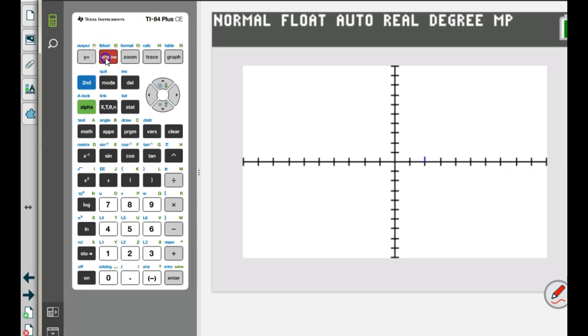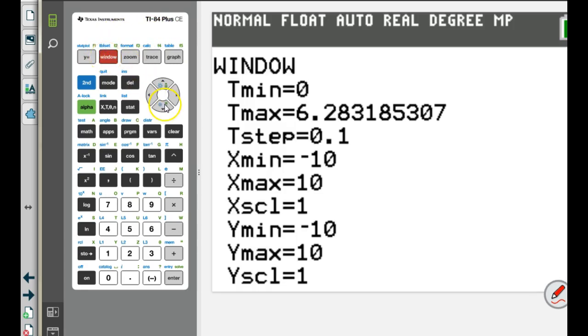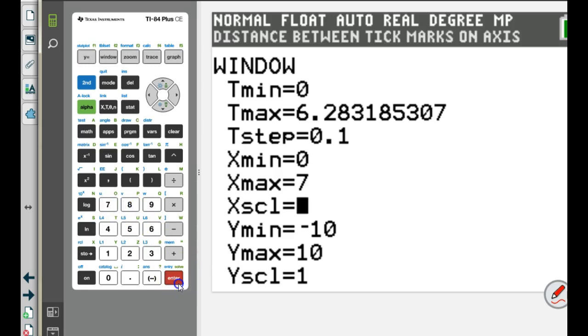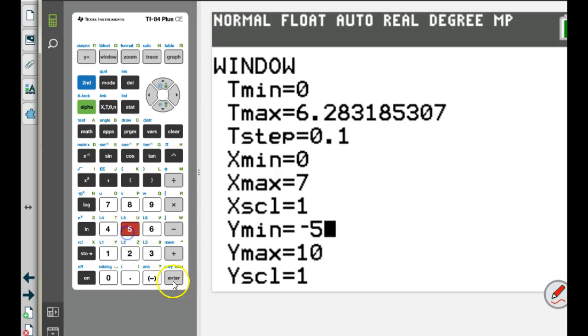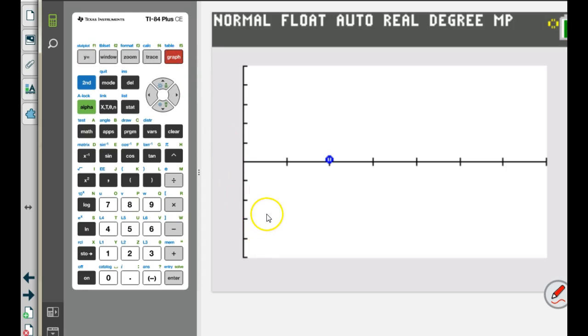Let's try to change our window to 0 to 7 sounds good, but I think we might need a little negative on the y. I'm going to do like -5 to 5. We'll have a better idea of what the window should look like. Why is this turning out a line?